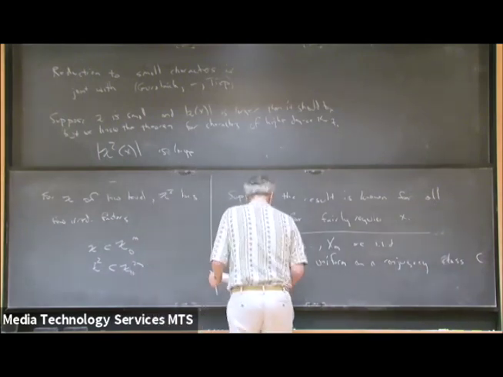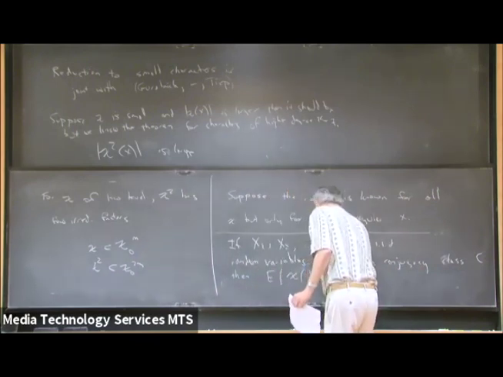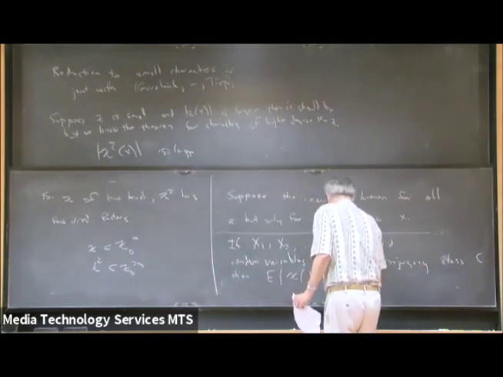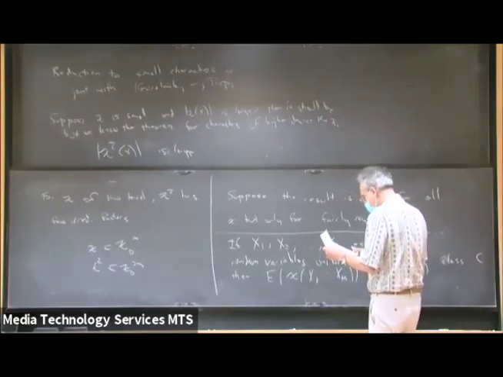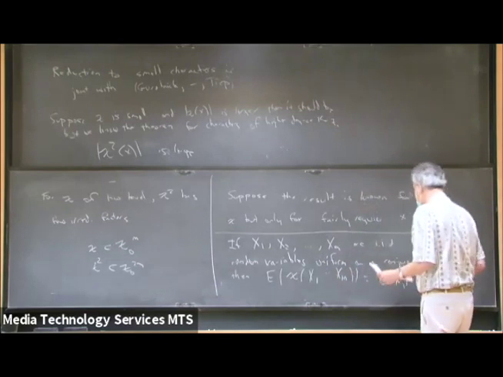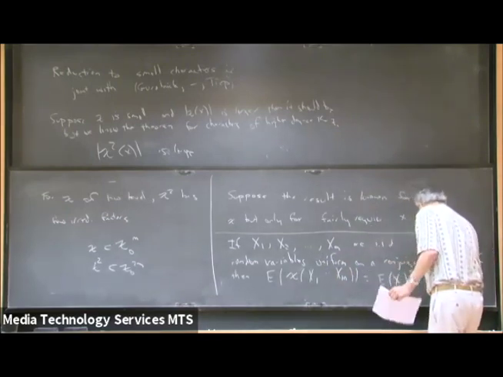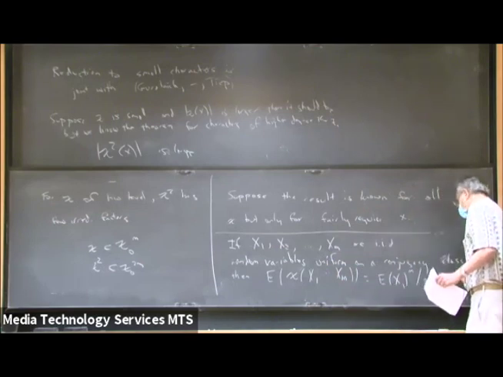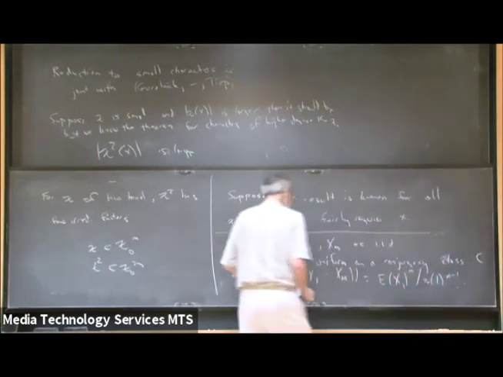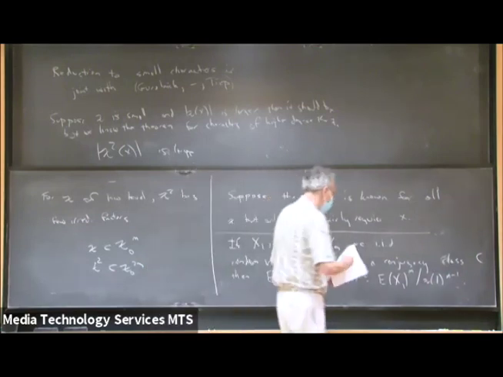The expectation of any chi evaluated at the product of the random variables from x1 to xm is equal to the expectation of any one of the random variables, let's say x1, to the power of m, divided by the degree of the character to the power of m minus 1. Sorry, this doesn't make any sense.